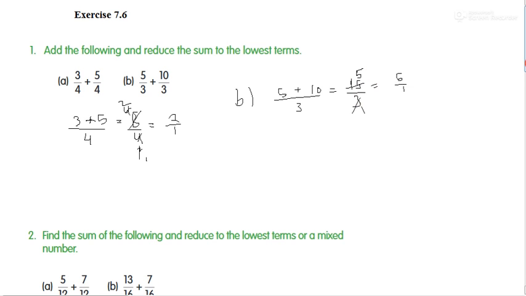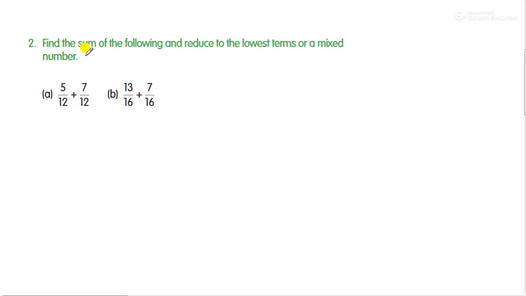Now the second bit is find the sum of the following and reduce to the lowest term or a mixed number. So 5 by 12 plus 7 by 12. So here the denominator is 12. So the denominators are same.